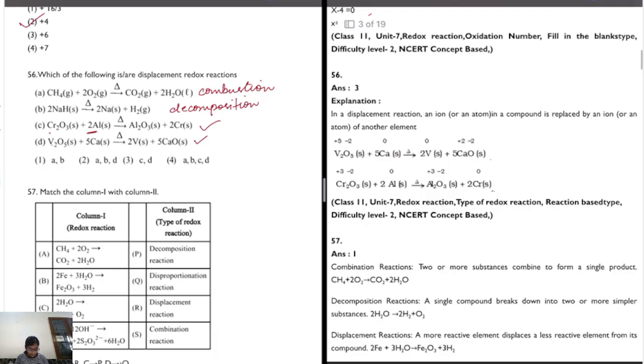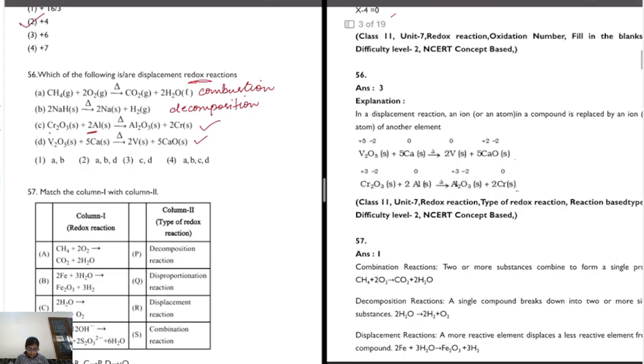Let's see. It also needs to be redox. Therefore, you see that in V2O5, the oxidation state changes from plus 5 to 0. That is, here it is reducing. And for calcium, you'll see from 0 to plus 2. It is increasing, it's oxidizing.